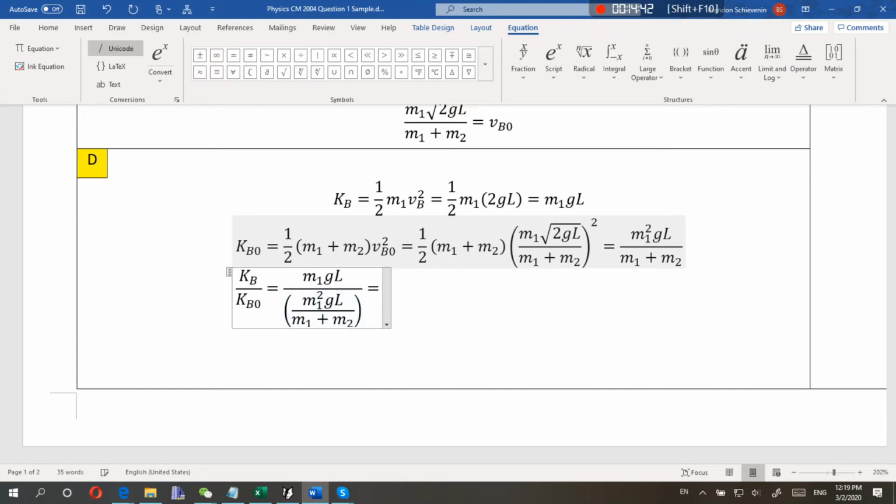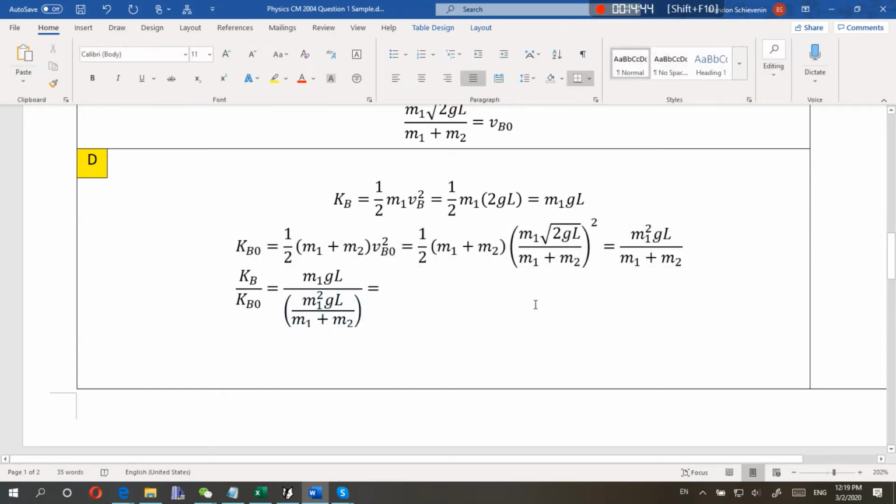Okay, is there anything that can simplify? M1GL. Okay, so I can flip and multiply, and that M1GL will cancel from both sides. So what am I left with?